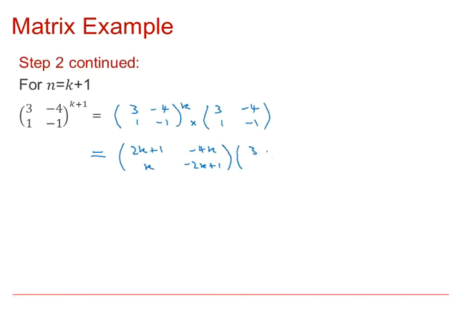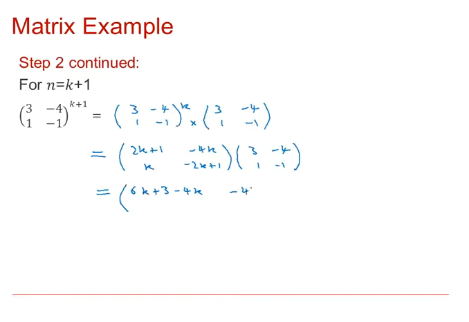We have to multiply that by [3, -4; 1, -1]. So very carefully multiplying these matrices together. Multiplying the top row by the first column first, we're going to get 6k plus 3 minus 4k. Now I'm going to multiply the top row by the second column very carefully.